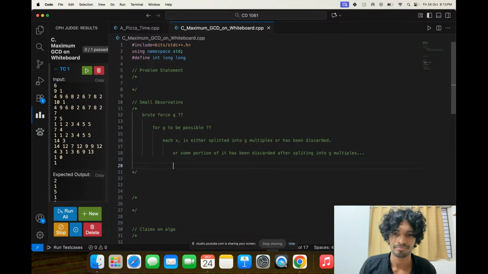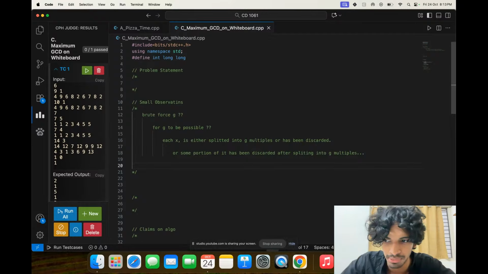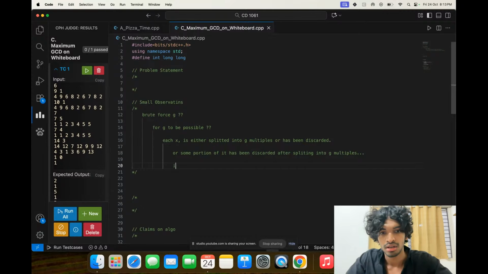Either that or this. So if x1 is not a g multiple, then you must split it again. As long as x1 is not a g multiple, you have to split it or erase it. Erasing before splitting is better.